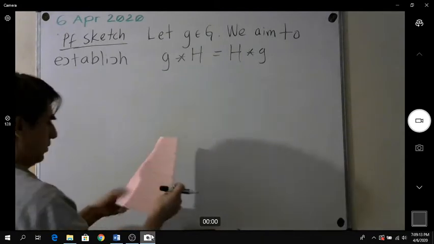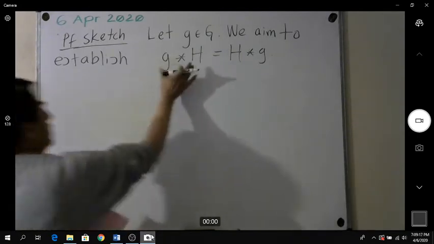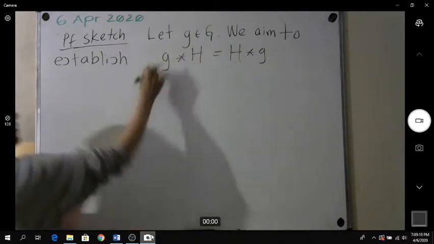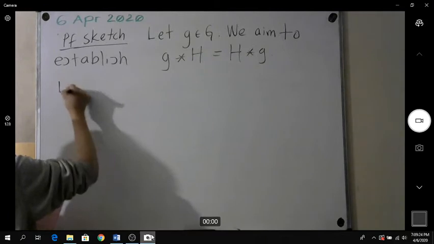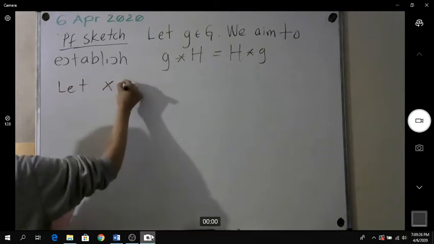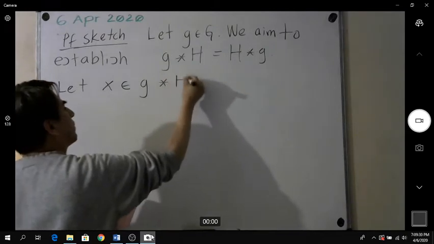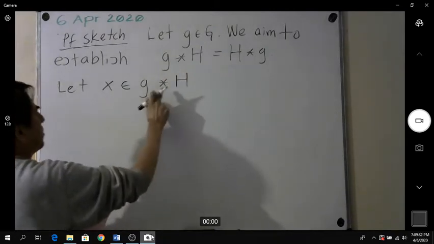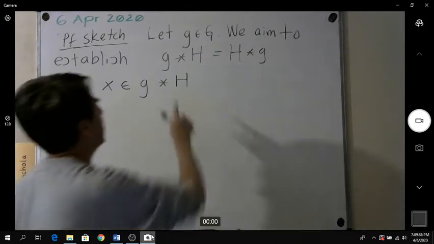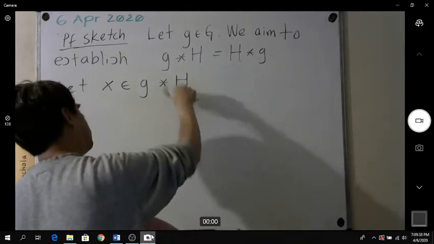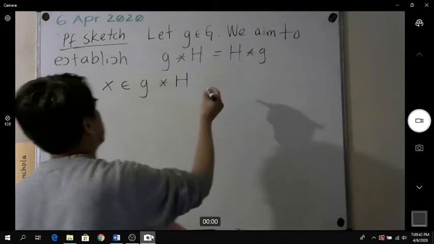Okay, so let's pick a generic element of the left coset. So let x be an element of the left coset. If x belongs to the left coset, then we know that there is some value in H, let's call it h1, such that x equals g times h1.